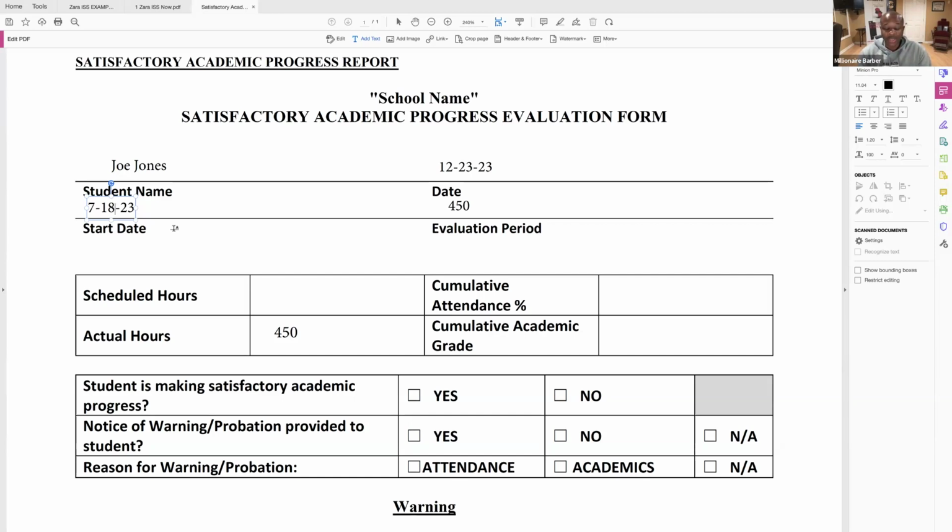Now, this is what we have to do. We have to know how many days the school was closed from July to December the 23rd. You had some holidays in November, correct? Thanksgiving in 2023 was on the 23rd, so that was Thursday.